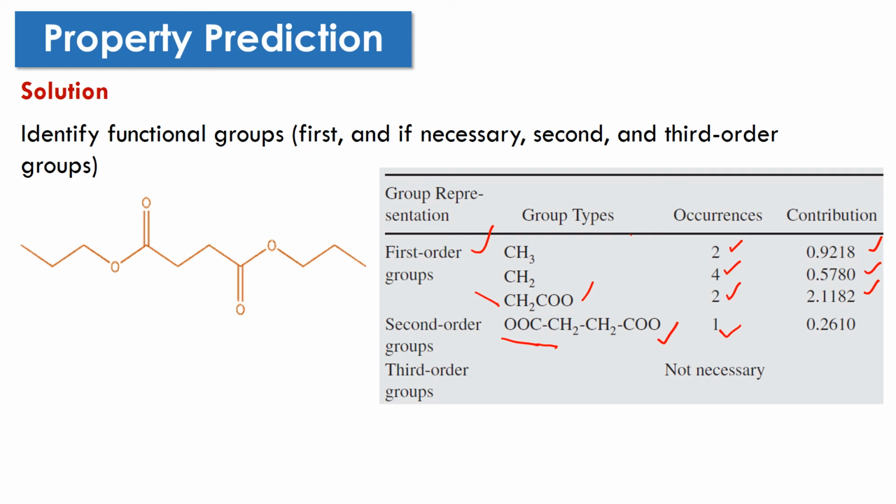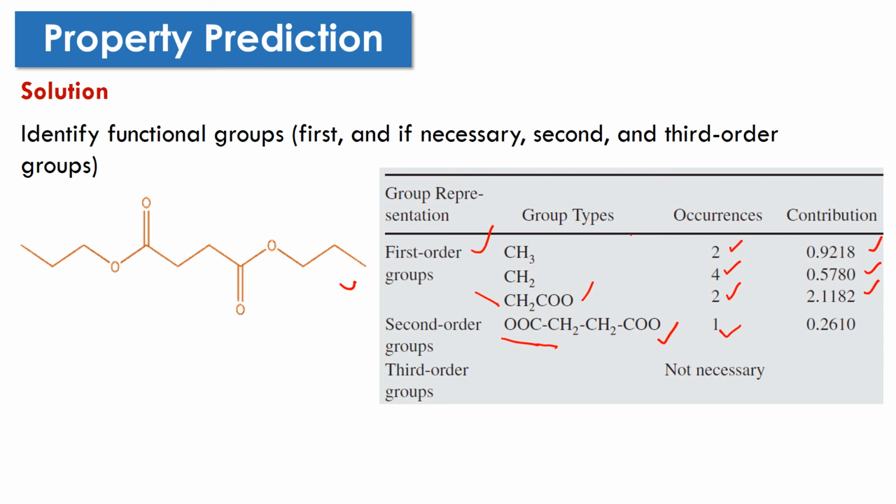Because for any structure you will describe it completely using first order, like the one that I've shown before. You cannot leave any atoms left behind. You need to describe all the atoms using the first order groups available.